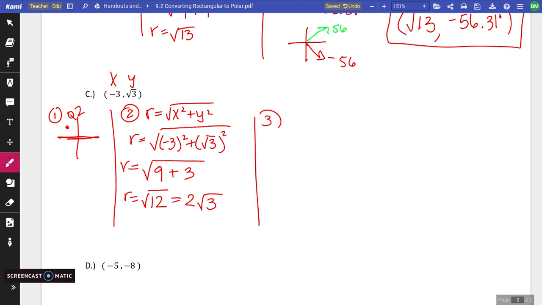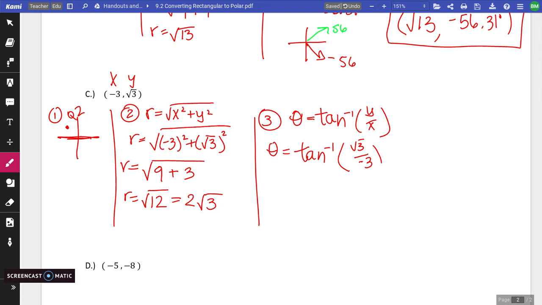Step 3 here, let's see what happens when we do theta. So tangent inverse of y over x. Theta equals tangent inverse of root 3 over negative 3. So this is something from my unit circle. So I'm looking for where tangent is equal to negative root 3 over 3.